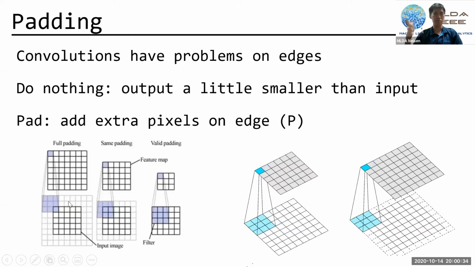You just put some numbers into the formula and you get a bigger number. That's called full padding. If you put a p in that formula in such a way that you get the same size, it's called same padding. And lastly, if you put padding but you get a lower size, it's called valid padding. So basically these three are just conventional names. If you put the padding into the formula and you get a smaller one, then you can classify which padding you use.